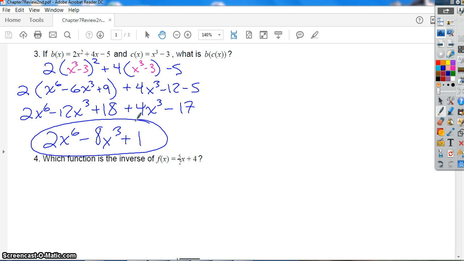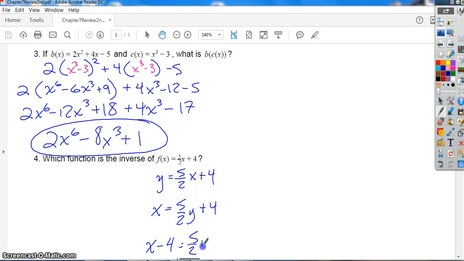And that's it. Which function is the inverse of f of x? Well, right now, this is what I'm looking at. Let's switch this around, and then let's get y by itself. So, x minus 4 equals 5 over 2y. I'm going to multiply that 2 out. Since this is 2x minus 8 equals 5y. Divide everybody by 5.